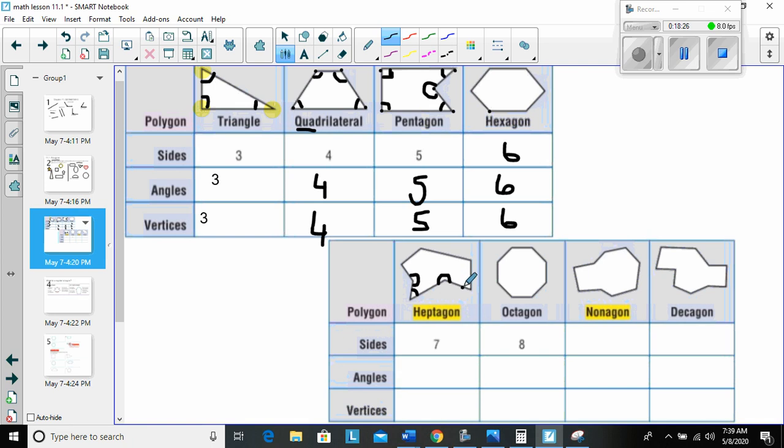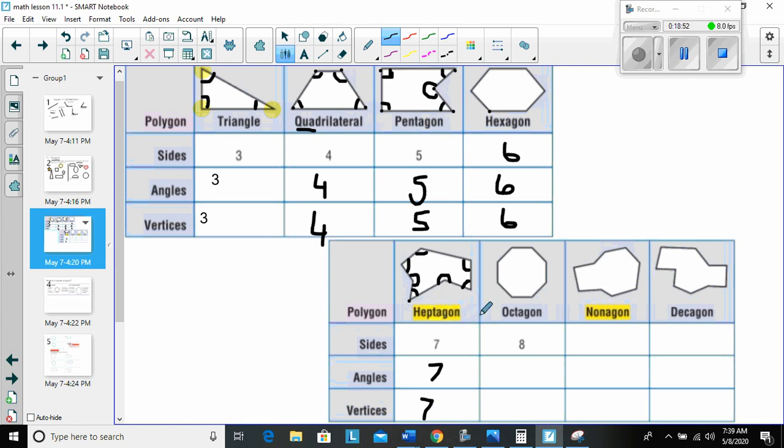And you should have 7 spots where the 7 lines meet, right? Let's see, I think I almost found them all. There's another one, and here's one more. So 1, 2, 3, 4, 5, 6, 7, yes, 7 angles. And then also where the lines meet, they meet at points, right? So then if there's 7 angles, there's also 7 vertices. Okay, so that's a heptagon.